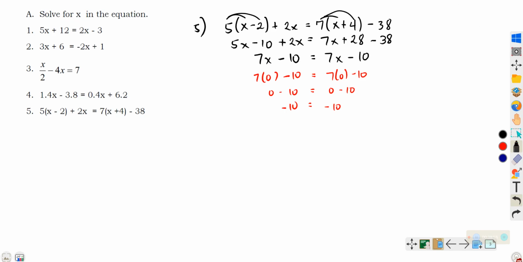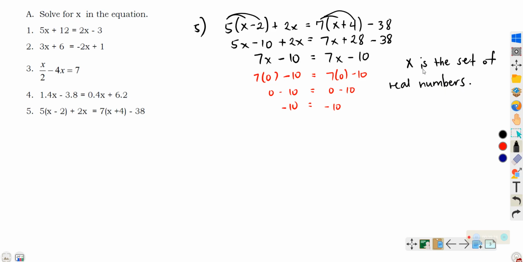sulat na lang natin siya in terms of sentence siguro. X is the set of real numbers. Okay?